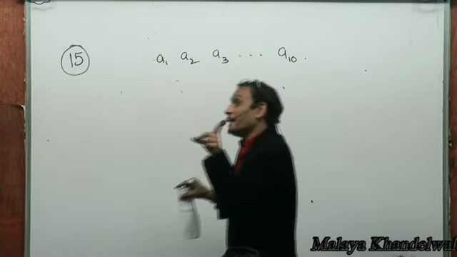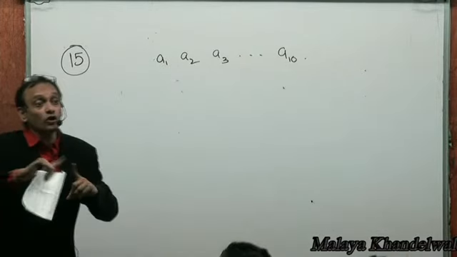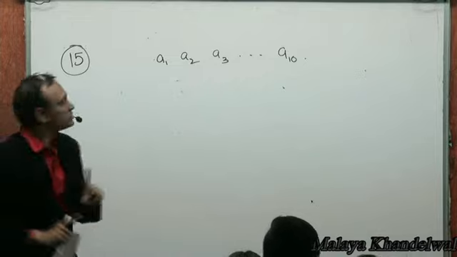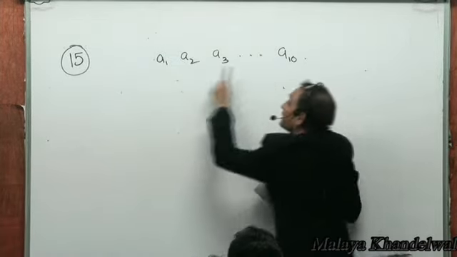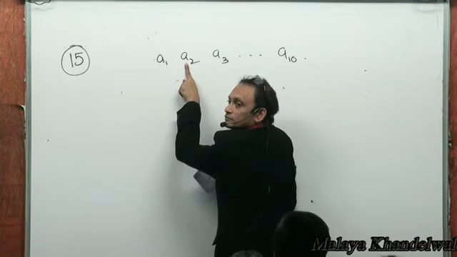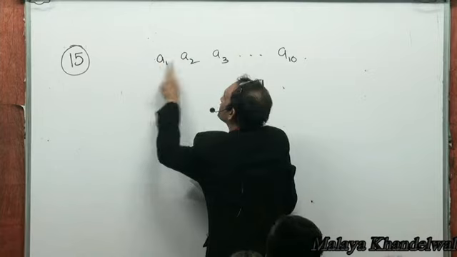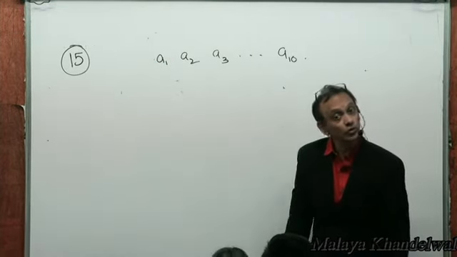But I don't want in any rearrangement any child to be shifted by more than one unit. That means I can't have an arrangement in which A1 suddenly appears far away. A1 will either appear here or here. A2 could either appear here or where A3 is. You know what I'm saying?